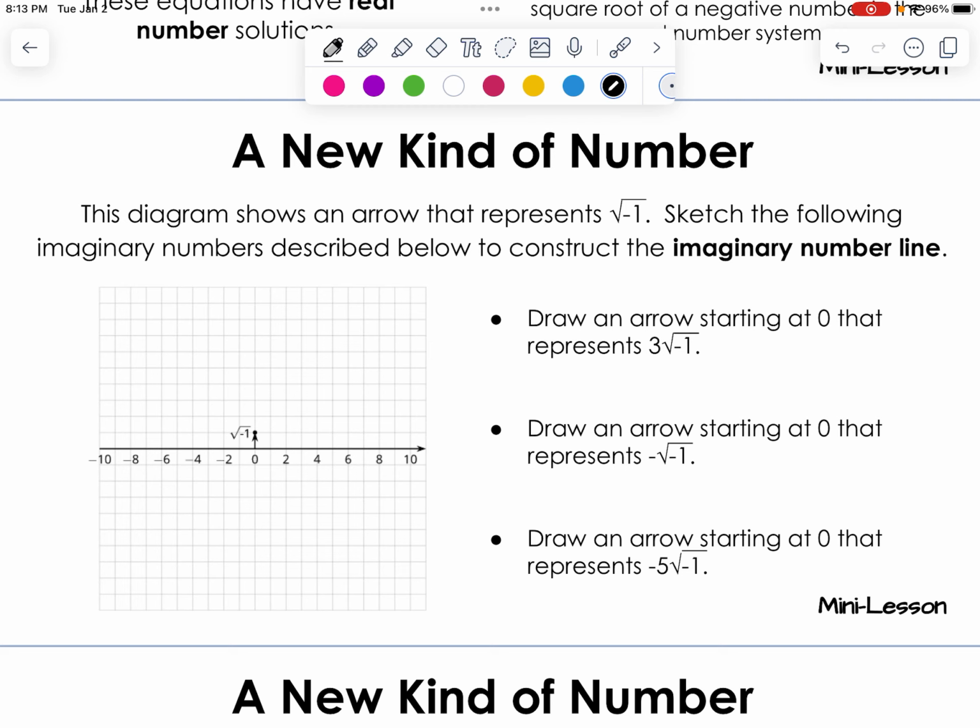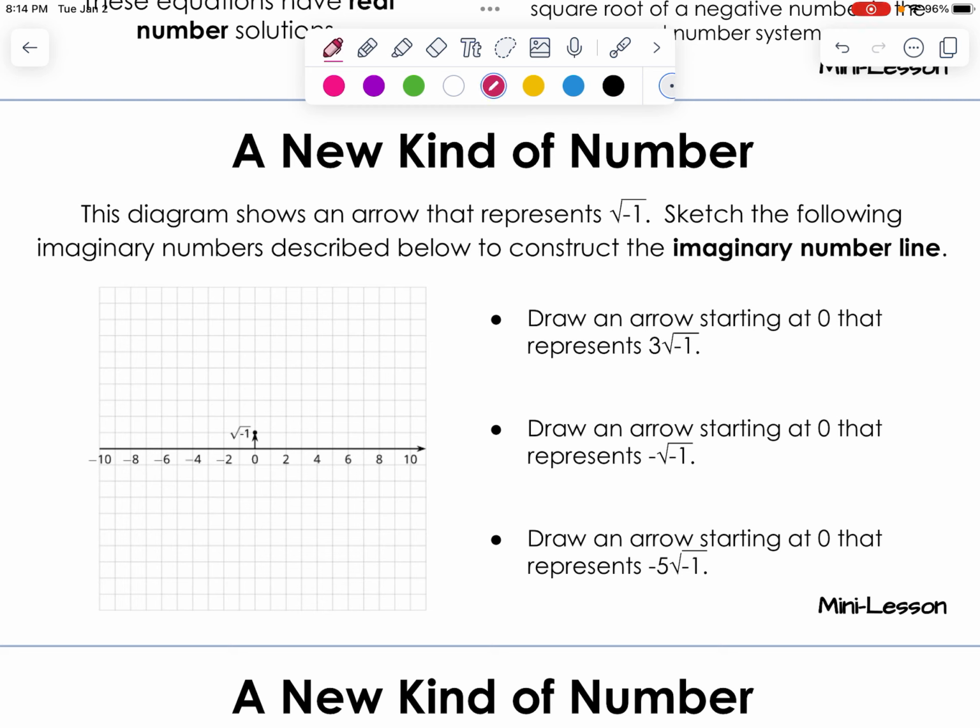On this picture of this graph right here, we have the imaginary number, the square root of -1, drawn on this graph because it doesn't fit on a normal number line, because that's where our real numbers lie. So we need a different number line, the imaginary number line, to represent these numbers.